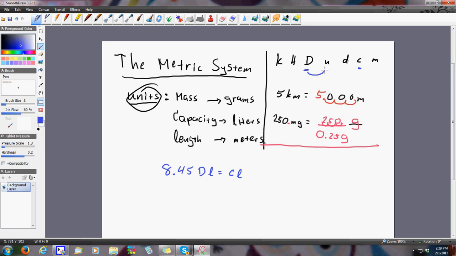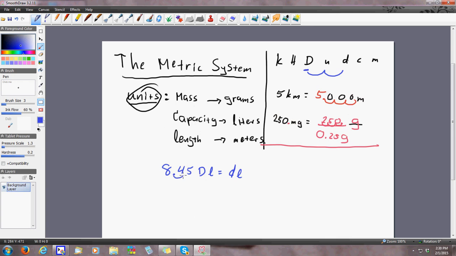Let's do deciliters, because I've been moving groups of 3. So I'm only going to have to move 2 spots to my right. I say 1, 2, and 8.45 decaliters is going to be equal to 845 deciliters. And I'll do one last one.